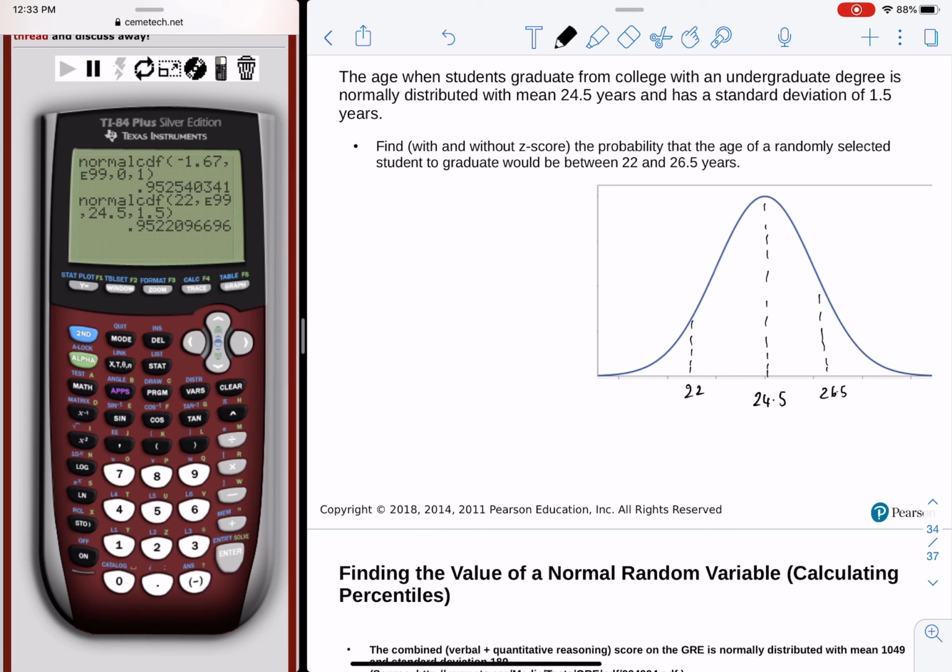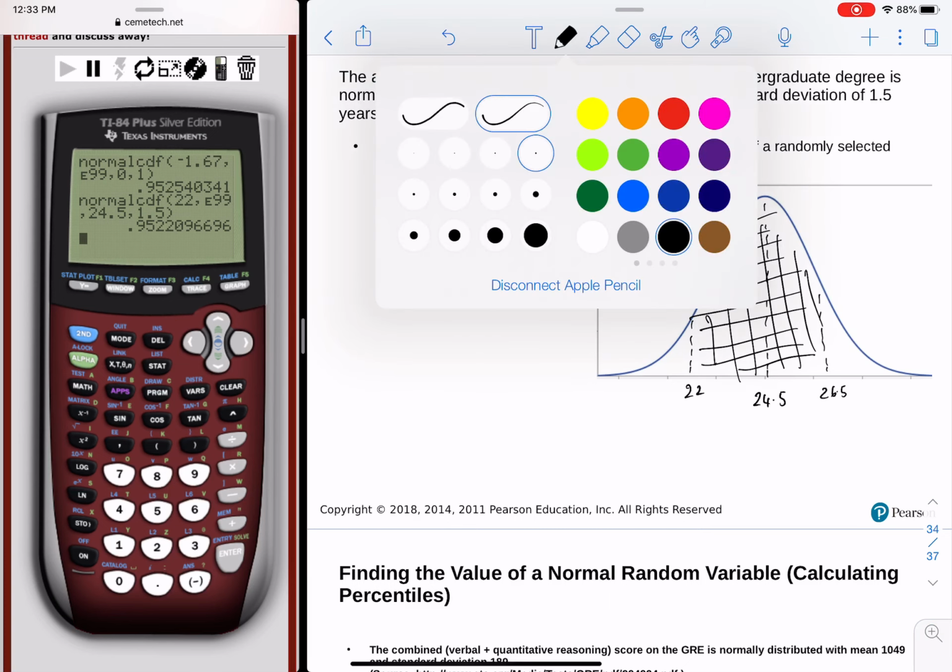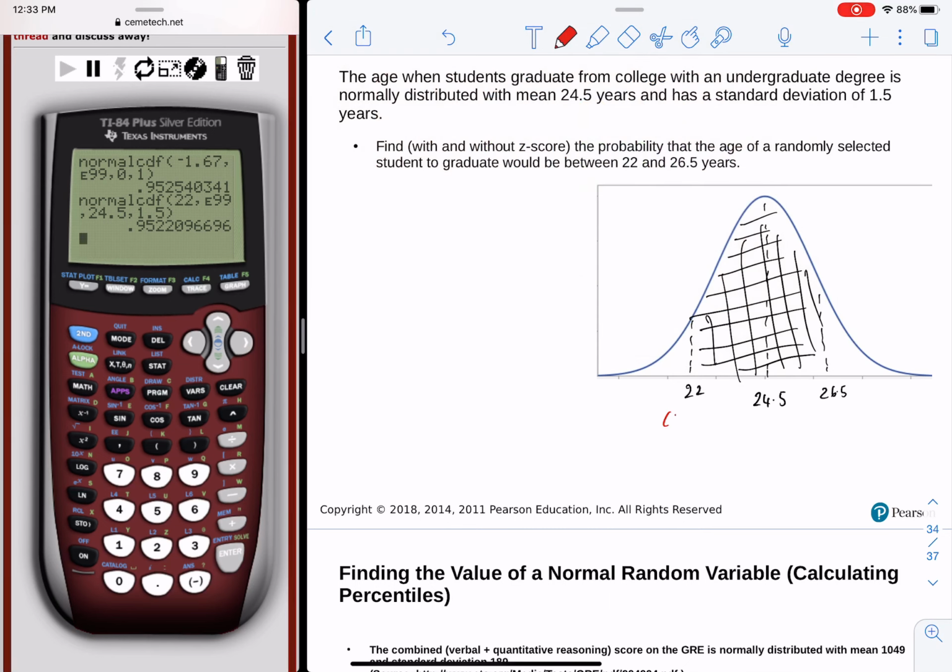Mind you that this graph doesn't have to be accurate. It just gives an idea on where to start, where to end, and how much of a probability can we expect. So the starting point for the area is 22. The ending point is 26.5.